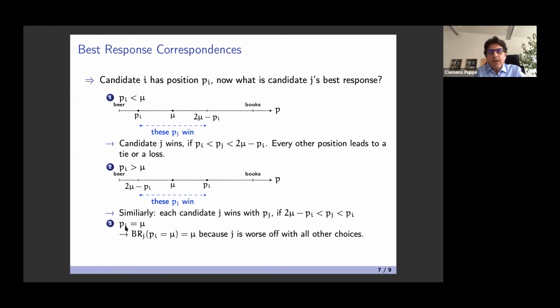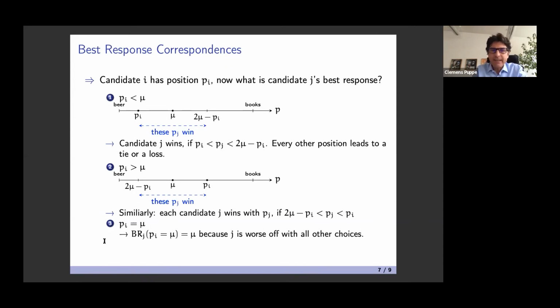And if I positions him at mu directly, then there is only one way for J to get something, namely also to put herself at mu, and then there will be a tie on who wins the election.